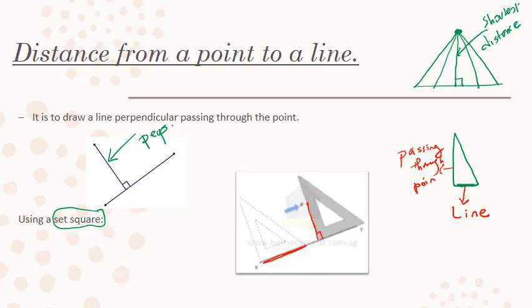This line is definitely the perpendicular line and we call it the shortest distance. So without the set square, you are not going to draw the exact perpendicular line.